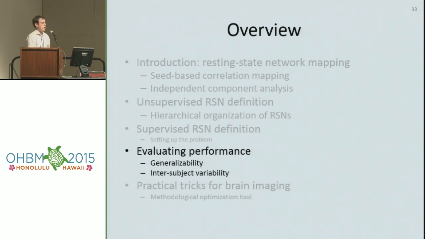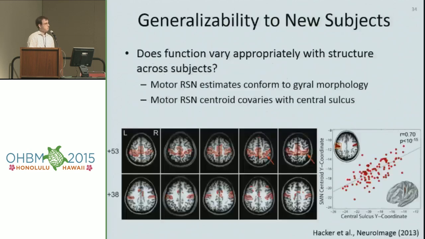So how do we evaluate whether or not this is actually working? Did we just learn a mapping and it's returning us the same group-level answer in every subject? Or is the variability that we're finding across individuals actually meaningful? In this example, we applied the classifier to voxelized data, which allows us to look at the variability of the functional representation, or the functional topography, in relation to the anatomical variability.